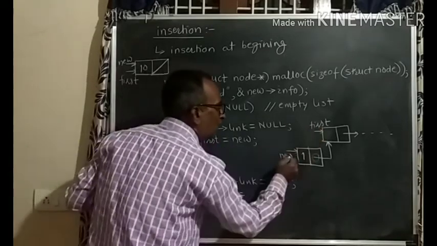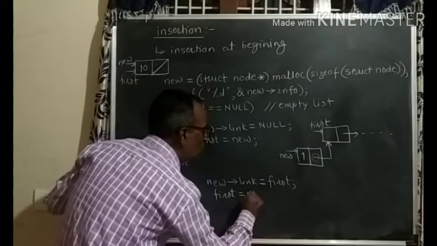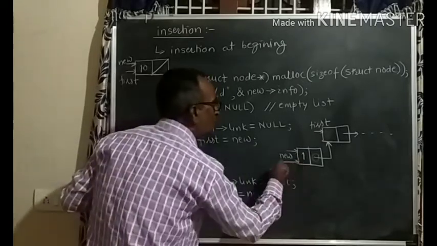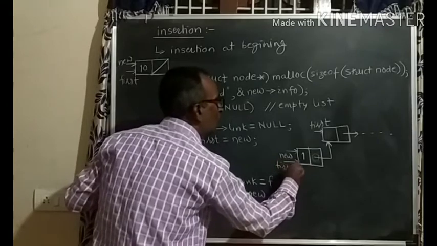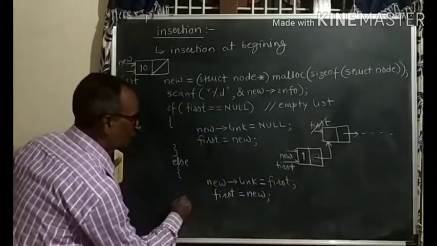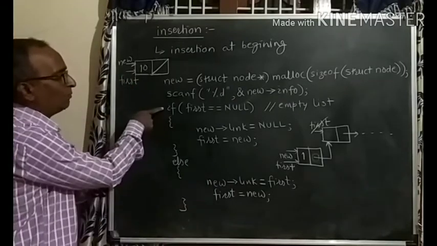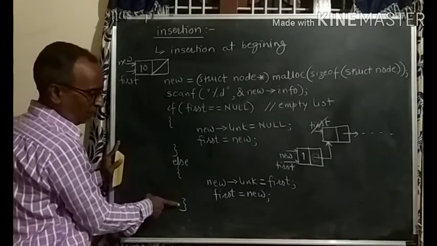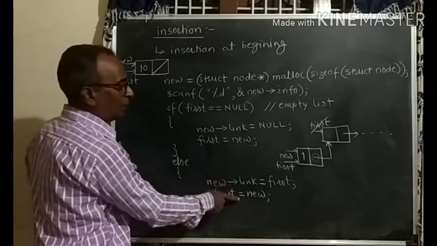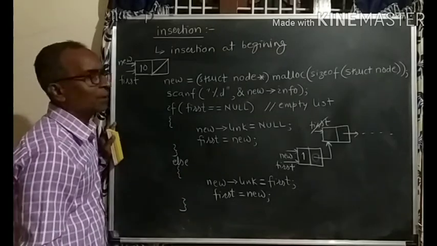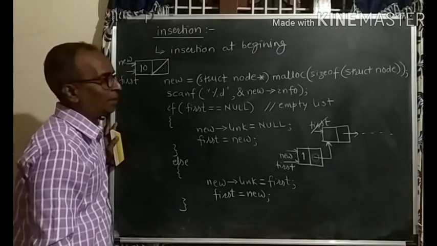First is given this node's address, new. That's it. This is first. Now after this we have tackled the special case, and if the linked list is not empty we have adjusted the pointers. So this is insertion at the beginning.